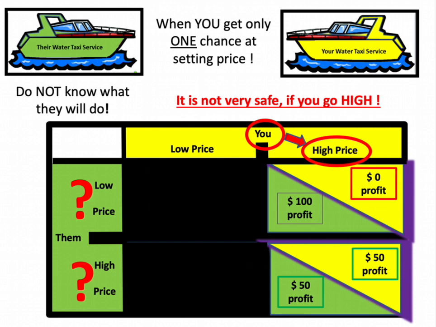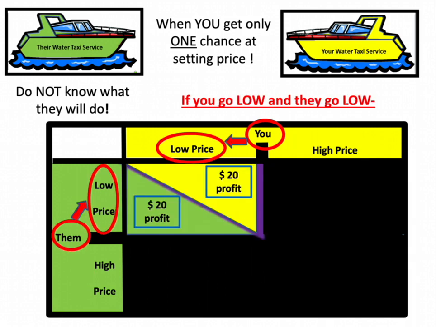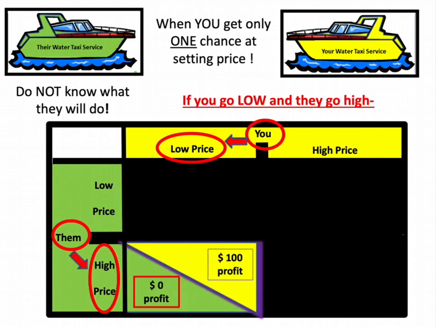What in effect happens is you've got a 50-50 chance, if you go high, of making a really good profit, $50, or making nothing. Hold that thought. What happens if you go low? Well, if you go low and they go low, you're both going to split a low number, and you're going to get $20 profit. But if you go low and they go high, you're going to get all of it, 100, and they're going to get nothing.